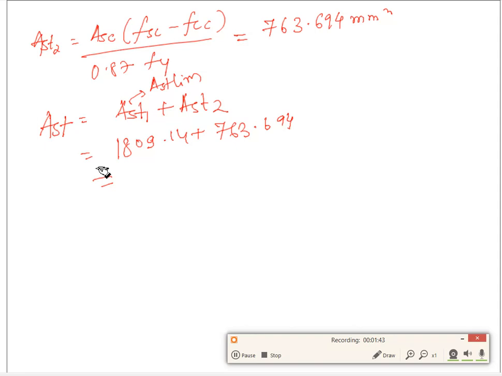Let's calculate this. I'll use a calculator because I have not calculated this. 1809.14 plus 763.694 is equal to 2572.834 mm square.